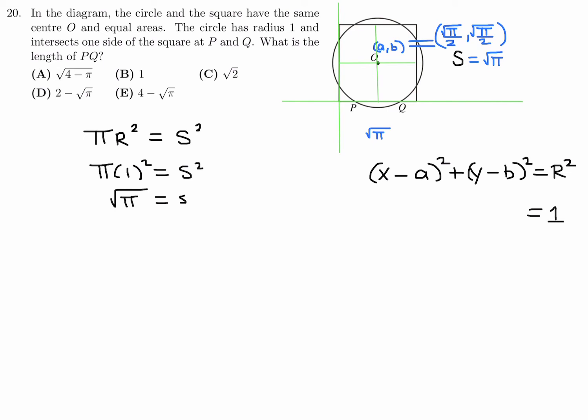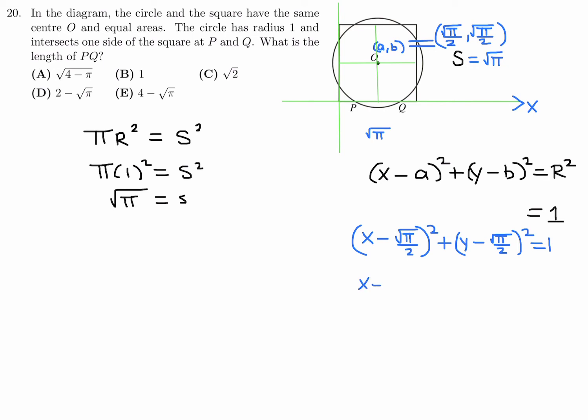So this equation becomes (x minus root pi over 2) all squared plus (y minus root pi over 2) all squared equals 1. Now to figure out P and Q, where they actually cross the x-axis, we set y to 0.